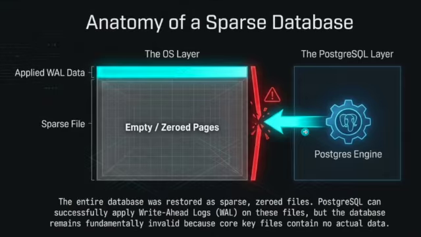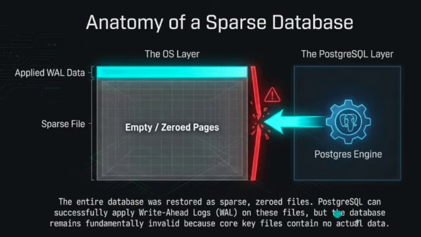What exactly is happening is that at the OS layer, the sparse files are made zero. In the test1 database directory under the base directory, you will see all the files have been zeroed.